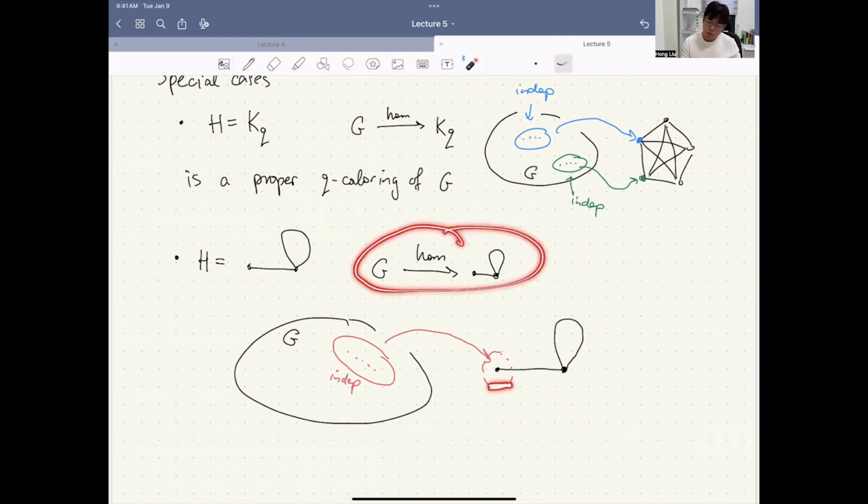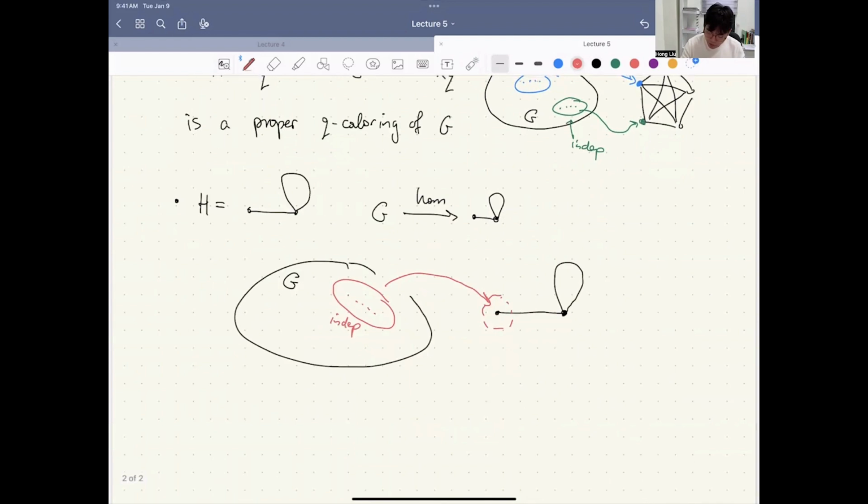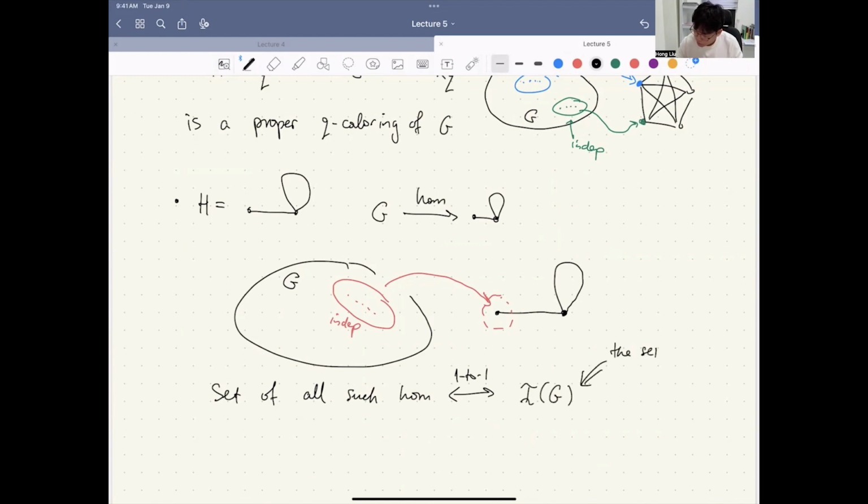So there is a one-to-one correspondence between the set of all homomorphisms to this graph and the set of all independent sets in G. I will use this notation for the set of all independent sets in G. Any questions so far?